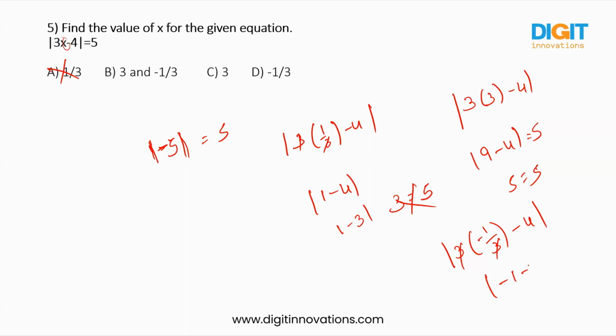So minus 1 minus 4, which is minus 5. So finally it will become 5 only. So yes, it is accepted. Option B is correct. When you see 3 is getting satisfied, minus 1 by 3 is also getting satisfied. So both are satisfied, and you have to choose option B.